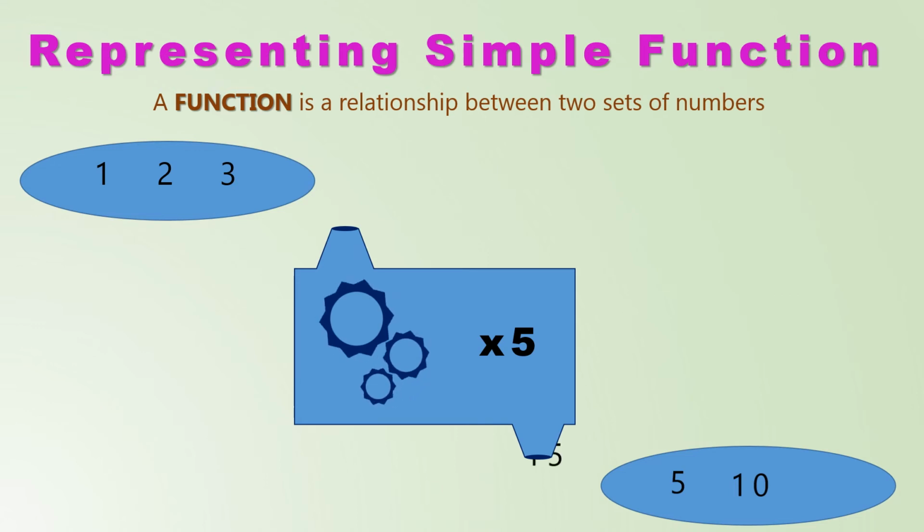We take 3 from the first set of numbers, and if we apply the function, we get 15 as the answer. So here the set of numbers from which we were taking the numbers is called input, and the set of numbers that we obtained as our result after applying the relationship or the function is called output.